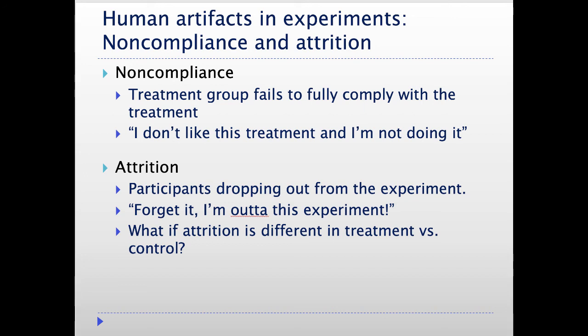If it's random, it's not a problem. If it's the same in the treatment and control groups, also probably not a problem. But what if it's different? And what if it's a consequence of the treatment? What does that do to your apples to apples comparison?